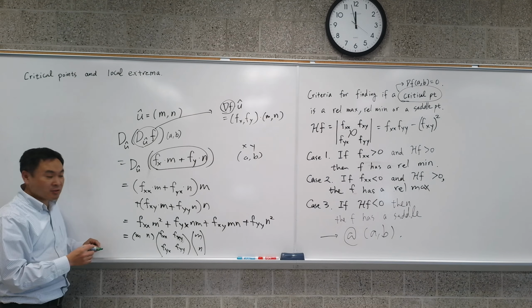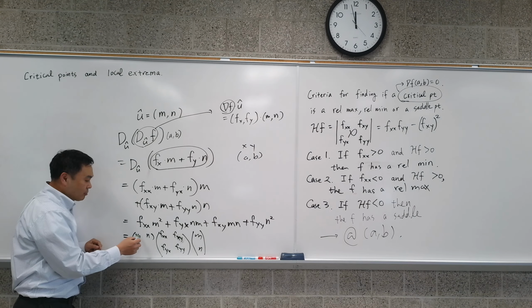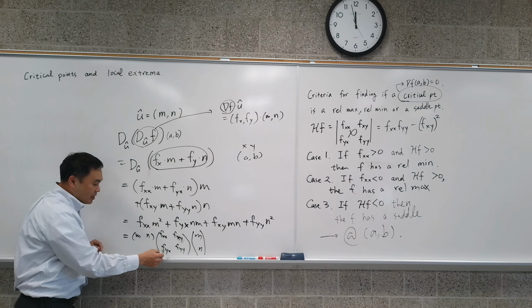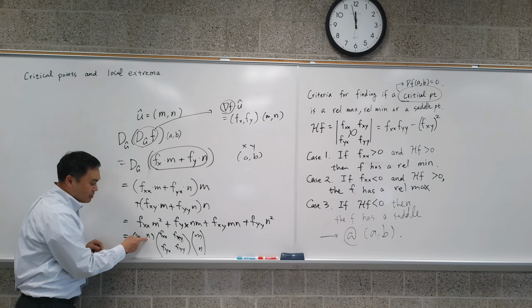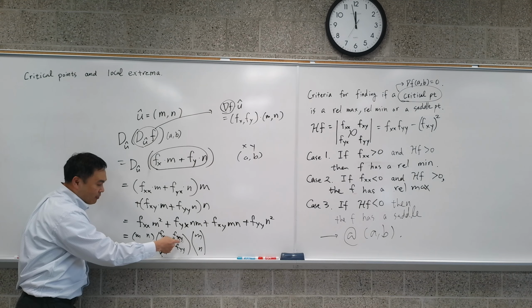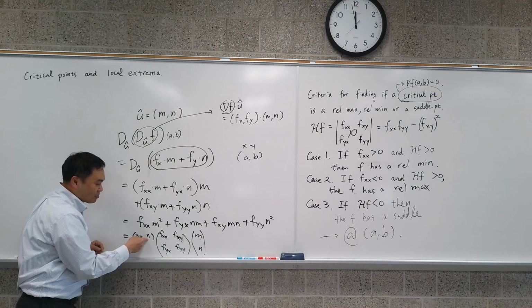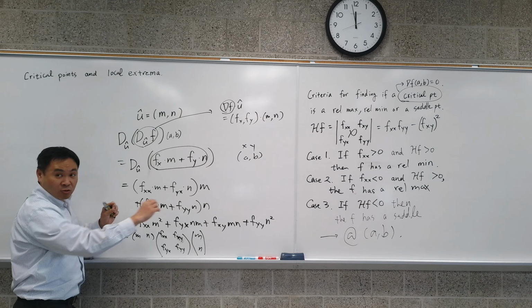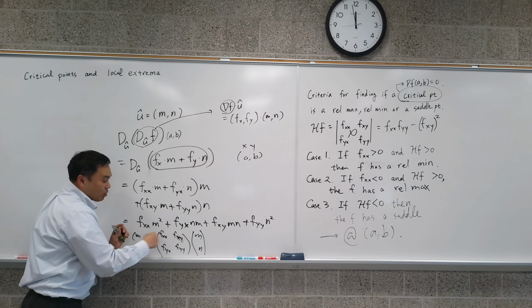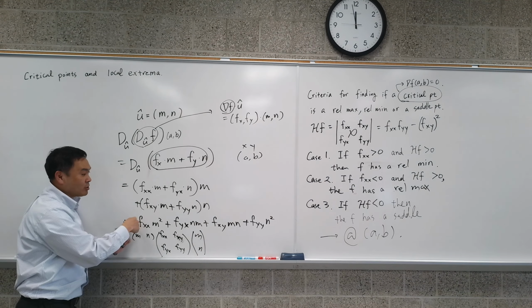You should verify that these two are the same, because if you do this times that, you get fxx times m plus fyx times n as the first one. And then if you do this times that, you get fxy times m and fyy times n. So you end up with a row vector of size 2. And then when you calculate that with this one, you end up with exactly this one.